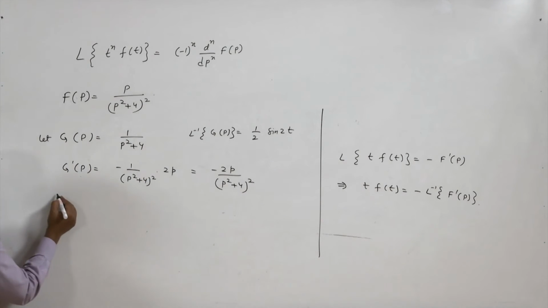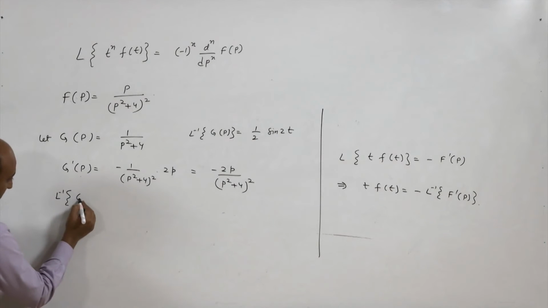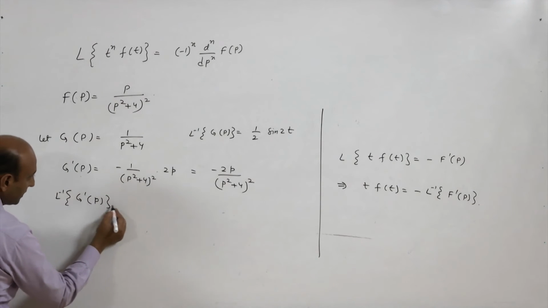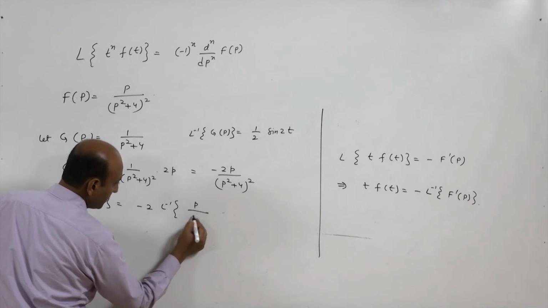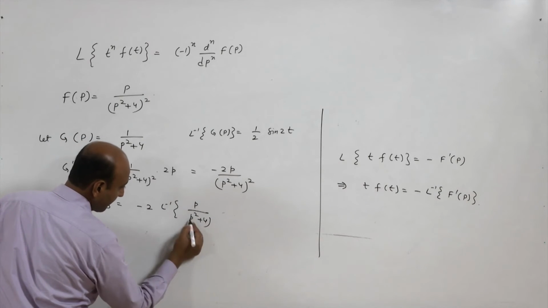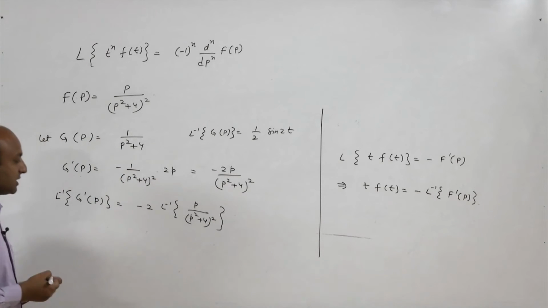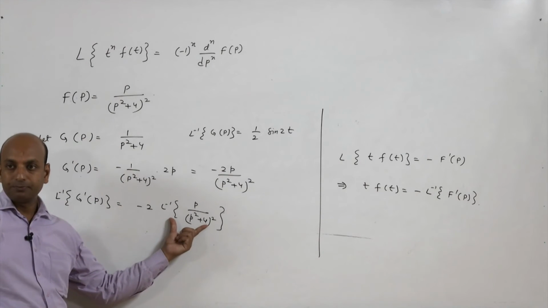So, take Laplace inverse both the sides, g dash p will be nothing but minus 2 times Laplace inverse of p upon (p square plus 4) whole square. Now, this Laplace inverse is to find out.